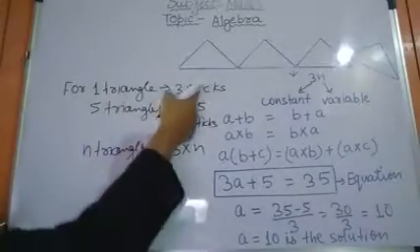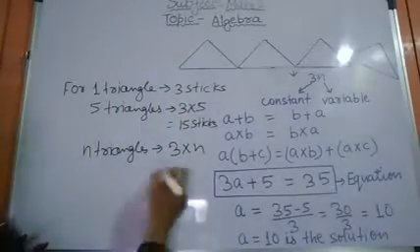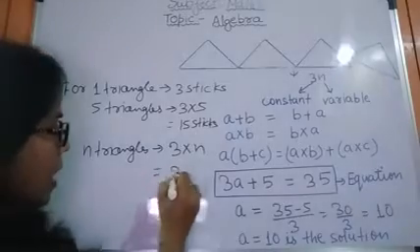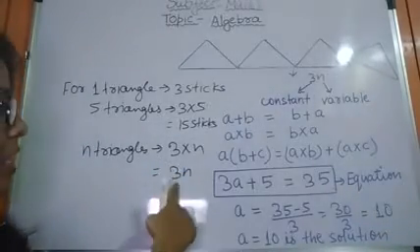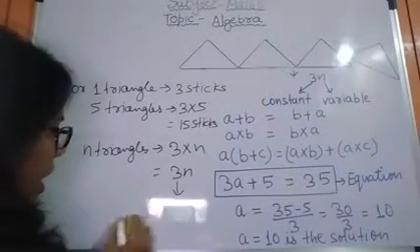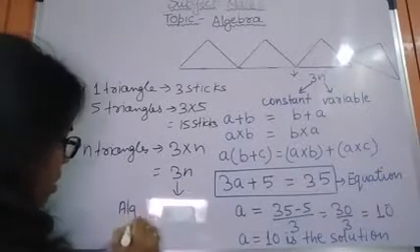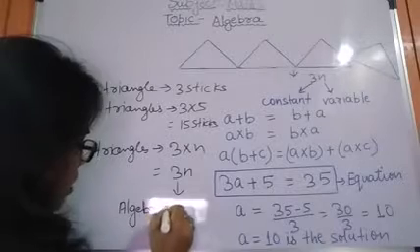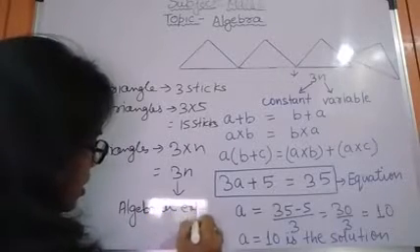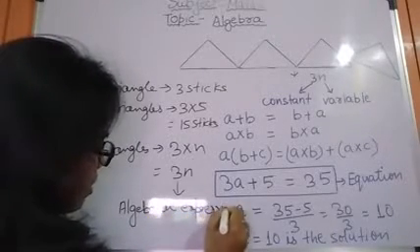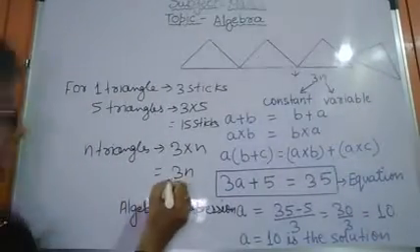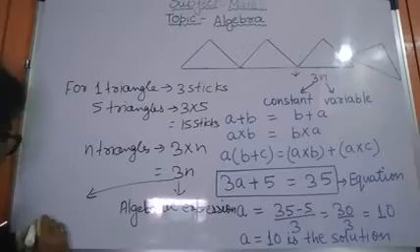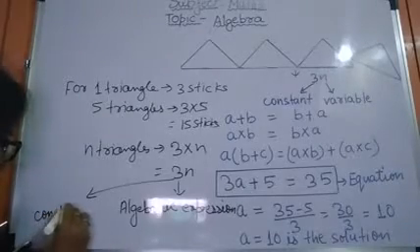For one triangle, 3 sticks. So for n triangles, 3 multiplied by n, that is 3n. So what is this 3n? This 3n is called an algebraic expression.